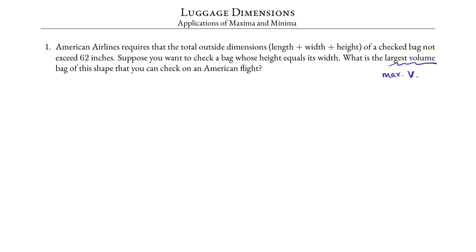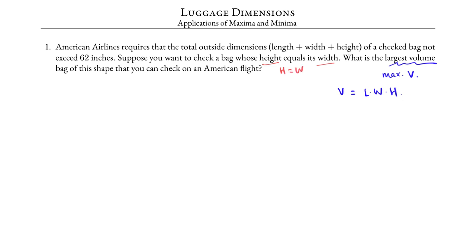We would need the function for the volume. Since this is a bag that has the length, width, and height, we assume that it is a rectangular shape whose volume is the length times the width times the height. We're also told that the height equals the width, where h equals w.